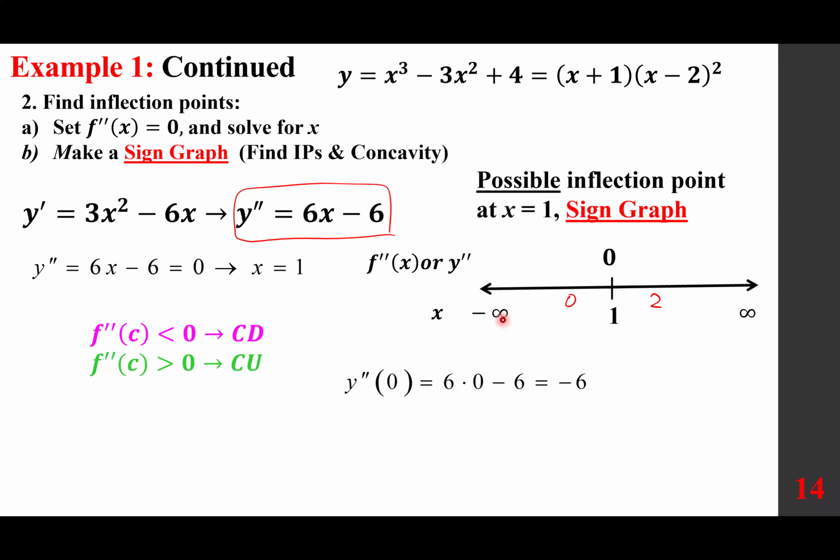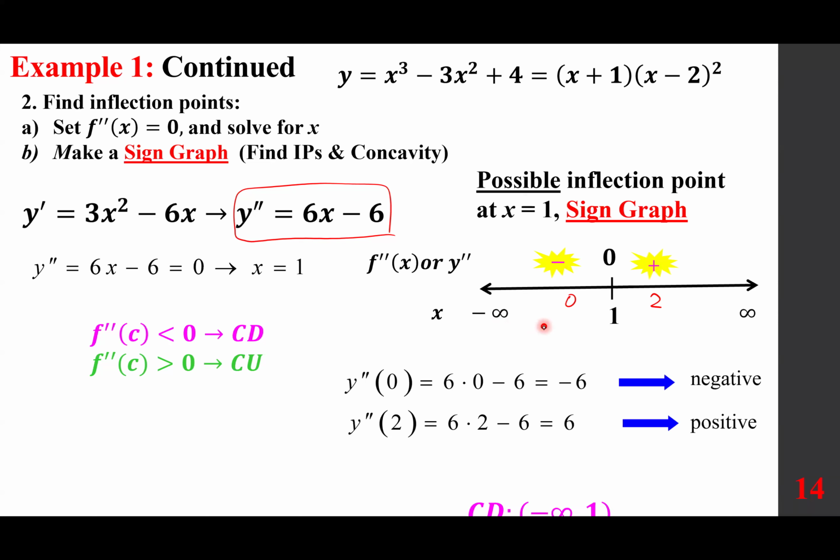If you plug in 0, you get negative 6, and it's negative here. And if you plug in 2, you get positive 6, and it's positive here. So basically, if it's negative, concave down from negative infinity to 1. If it's positive, concave up from 1 to infinity. And because of the change, 1 is the point of inflection.